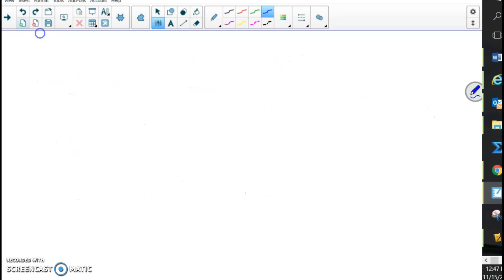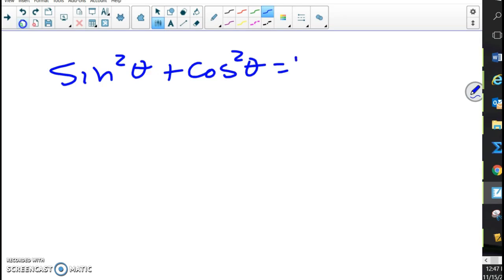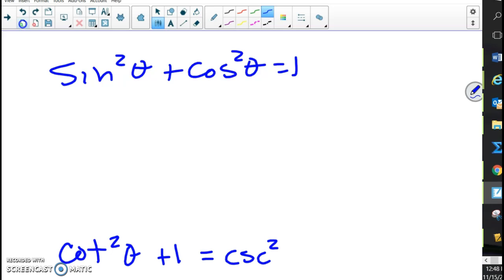The third one would look a lot like this, and we have to do it quickly because I'm running out of time. Sine squared theta plus cosine squared theta equals 1. We're going to get rid of our sines now because we've got cotangent squared theta plus 1 equaling cosecant squared theta.